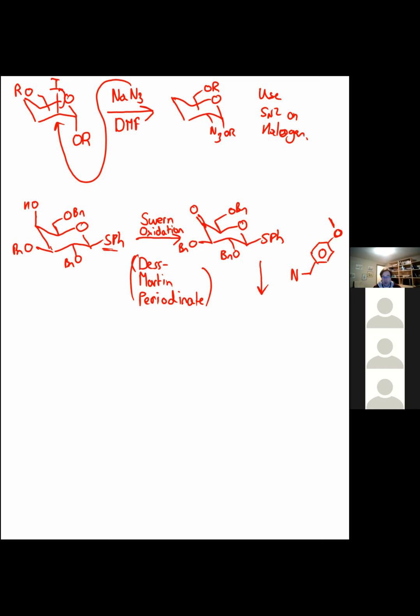And I left off the para-nitros because they're pretty similar and we just didn't need them. But if I take para-methoxybenzylamine, a little bit of acid, and sodium cyanoborohydride.